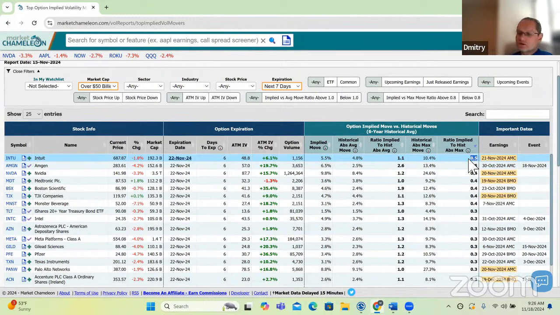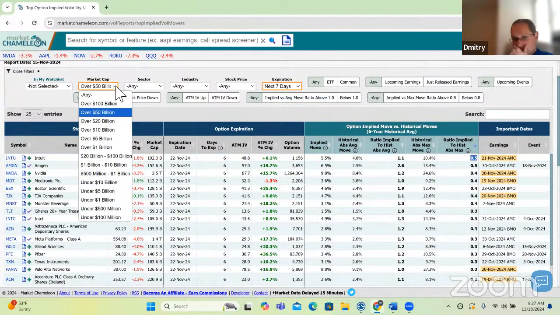Even if they're above the average, we don't see anything yet in our analysis that's getting close to or above the highest move we've seen in history, given this date range. Let me go down a little bit and see if I add from 5 billion market cap.